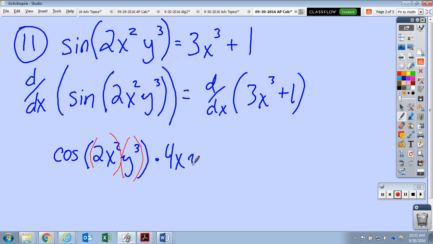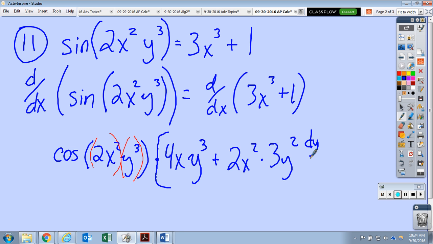Leave this guy alone. In fact, let me be very careful because this is times the whole thing going on here. So 4x y cubed plus, leave the first factor alone, 2x squared, times the derivative of y cubed, which is going to be 3y squared dy/dx.